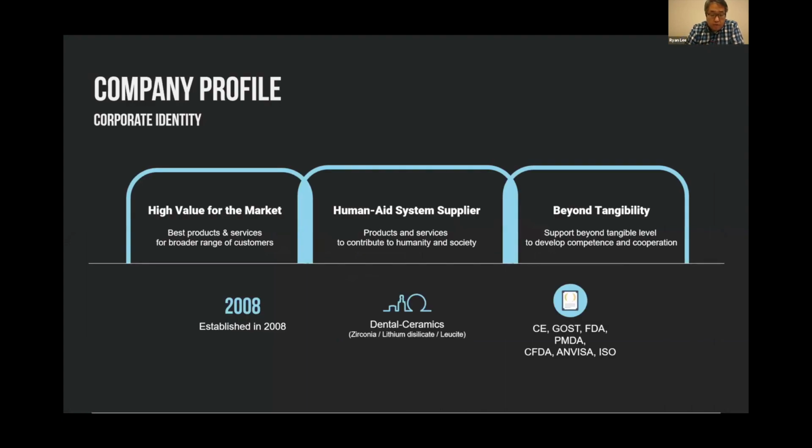We started our manufacturing business in 2008. It's over 10 years. We grew from the South Korea and Asian market to the Middle East and the European market. Recently, we started our US business in 2015, and we're located in Fairfax, Virginia.